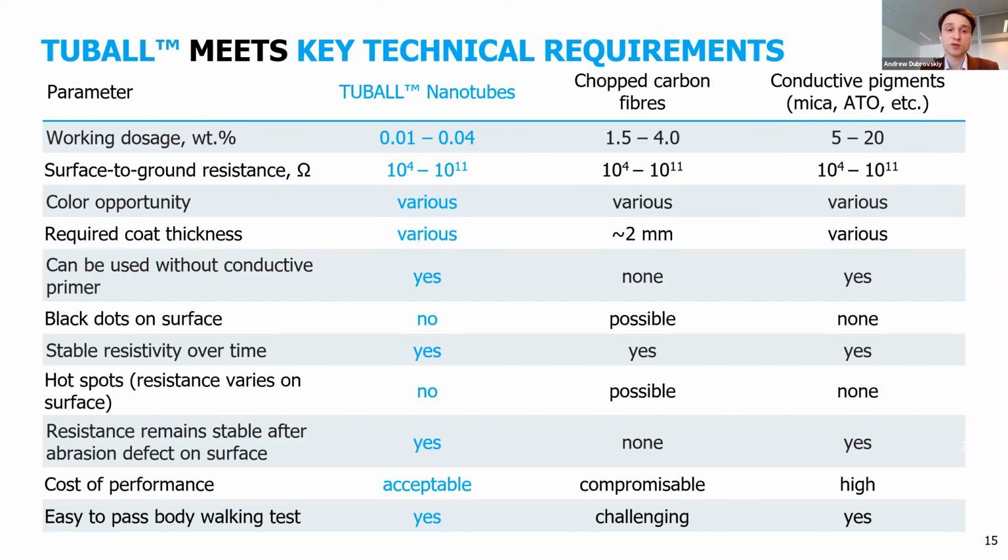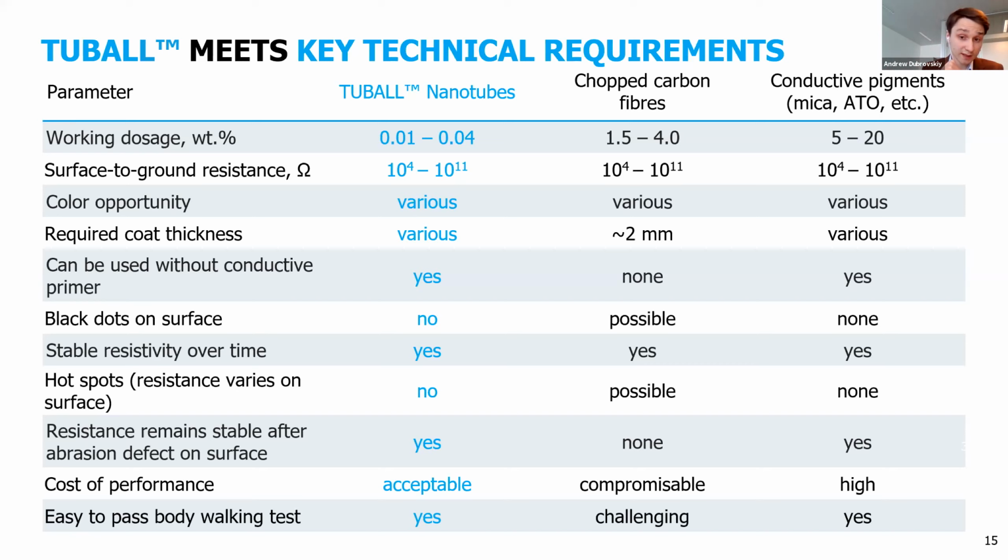So it will still be possible to reach very good electrical conductivity with thicknesses even at the level of 1.5 millimeters, for example. And of course, we fully understand that the top coating is the most expensive component in the flooring system, and the reduction of thickness gives you potential additional cost savings, which of course today is very important.